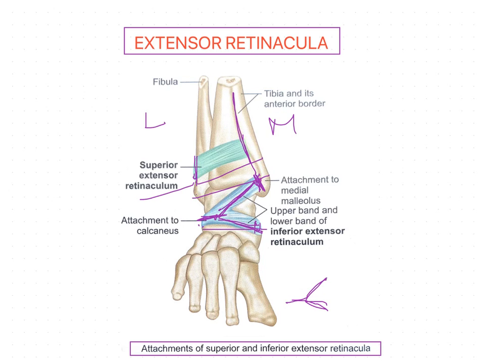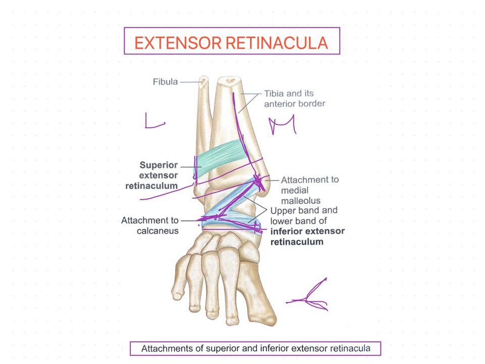That means this is also a deep fascia modification, isn't it? The plantar aponeurosis is also a modification of the deep fascia, but it is seen on the plantar aspect.